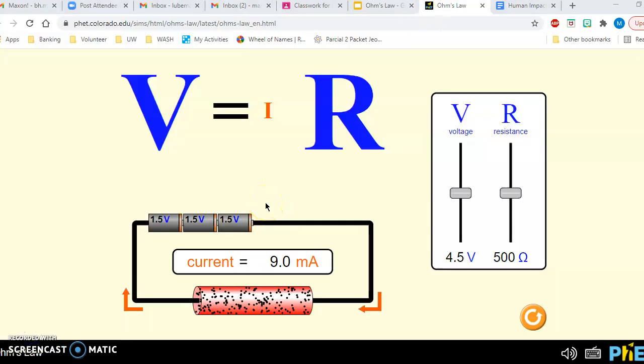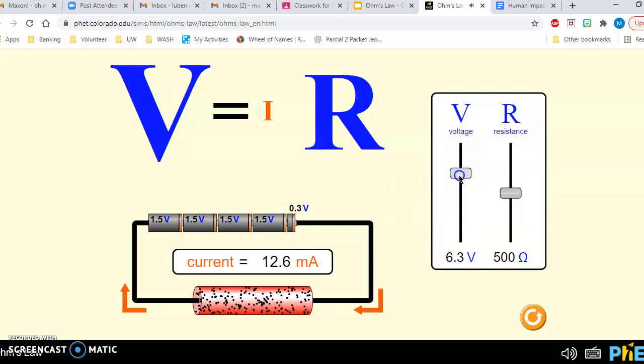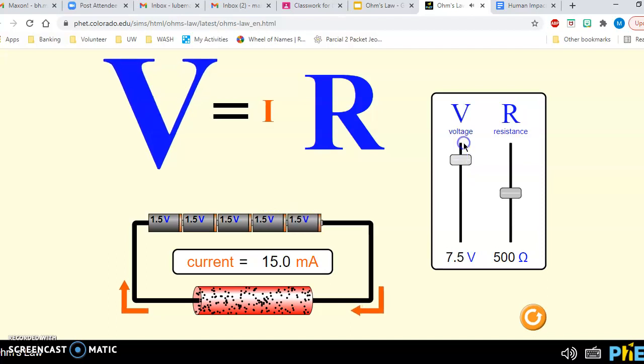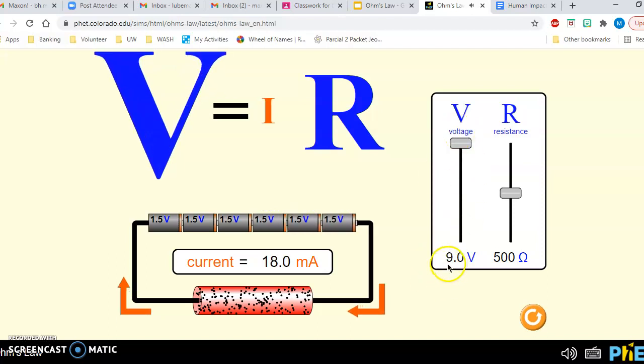Awesome. So we got our simulation to load. This has 3 batteries in what's called series. So 3 batteries right next to each other. This is going to be our voltage. This is like having 1.5 volts plus 1.5 plus 1.5 volts. And we can see if we increase our voltage, so if we go up to 9 volts, we would get 6 batteries.